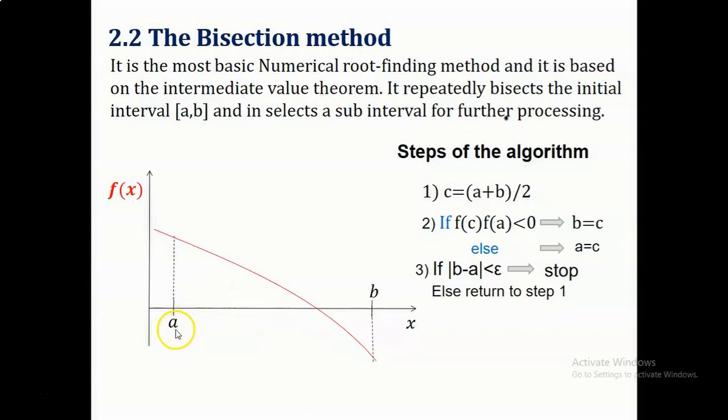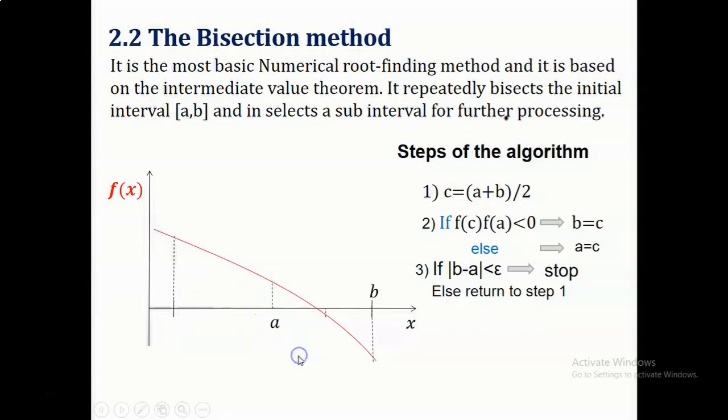So if you have an interval [a, b] such that f(a) f(b) is negative, we construct the point c = (a + b)/2. Then we check if f(a) f(c) is negative. In this case, b = c. If f(a) f(c) is positive, like in this case, then a = c.